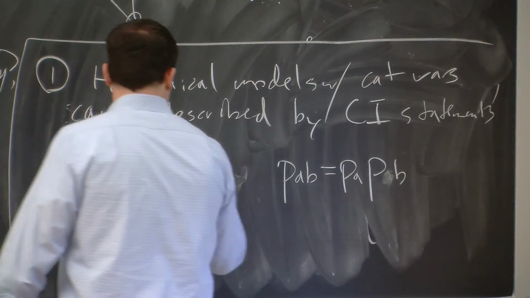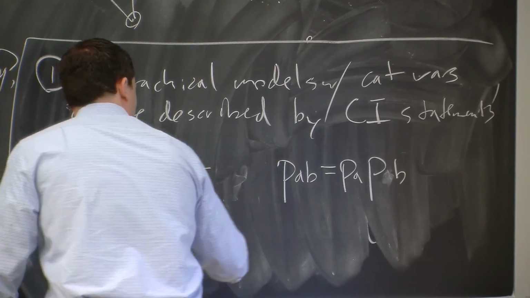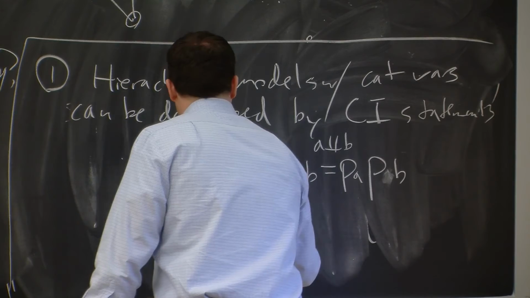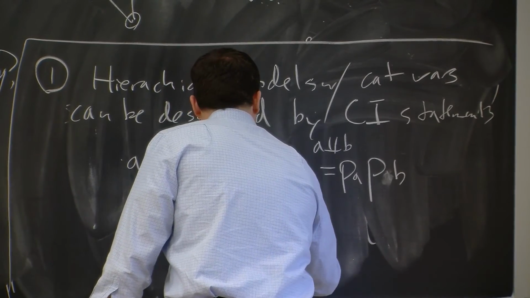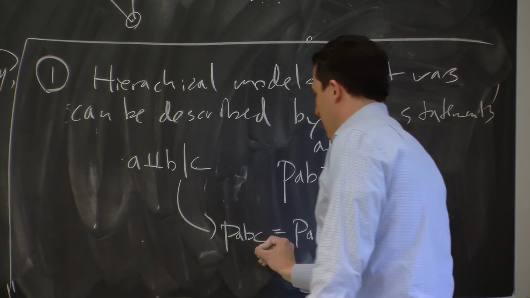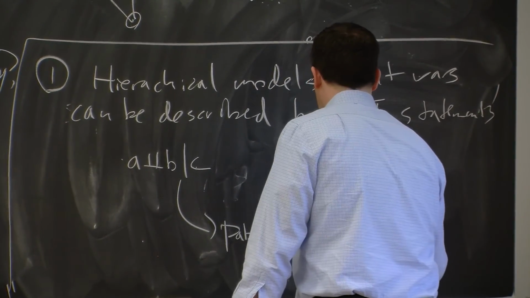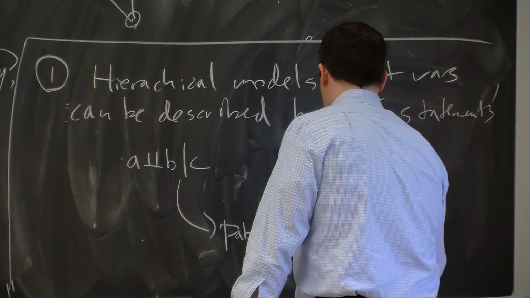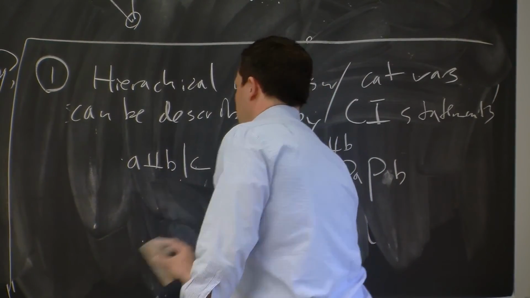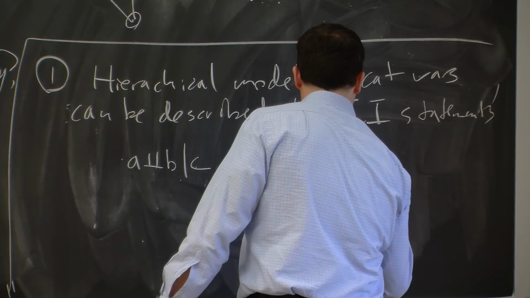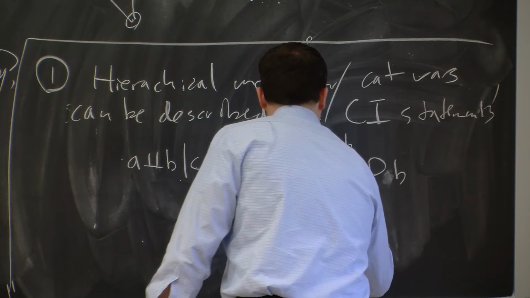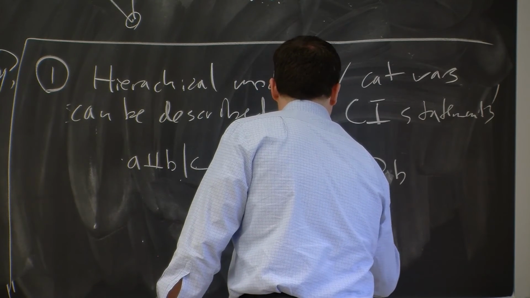So if I wanted to turn a conditional independence statement into something, I could say probability of A, B, C equals probability of AC, where C is some fixed value. Let me rewrite this one now to make it clear.